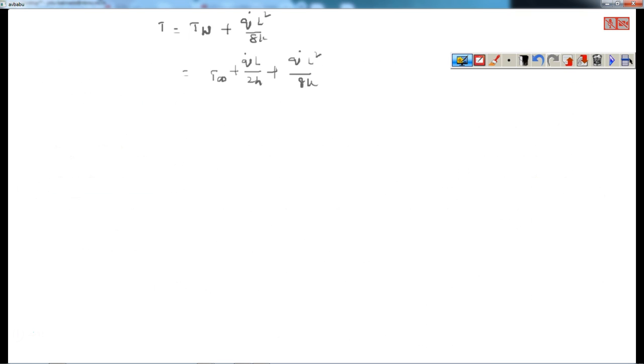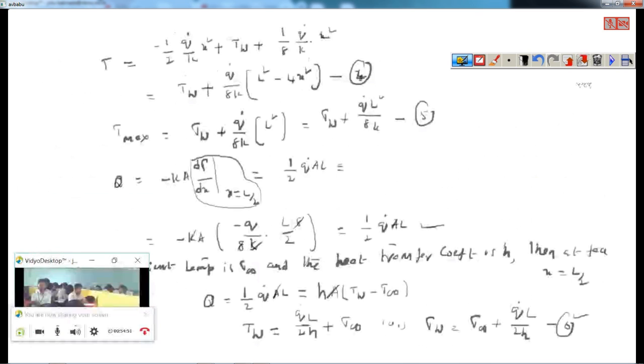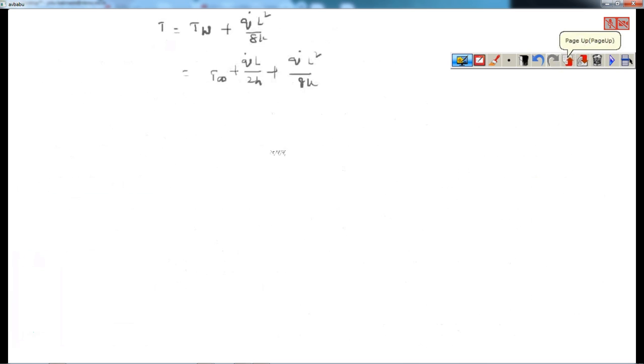Therefore, this equation can be written as Q dot by 8K into L square minus 4x square. Now the temperature distribution is this one.